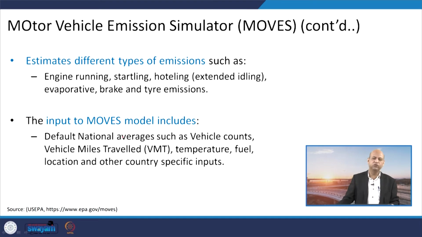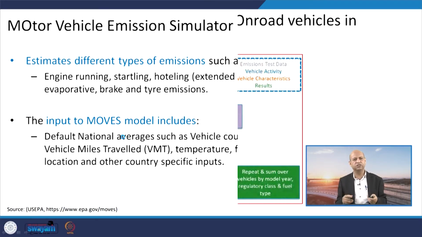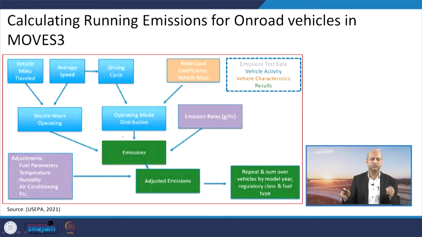The input values needed are mainly vehicle counts, vehicle miles travelled (VMT), temperature, fuel, location and other country specific inputs, because they influence driving patterns and topographical features; temperature and humidity all depend upon those locations. That is also an important input parameter.